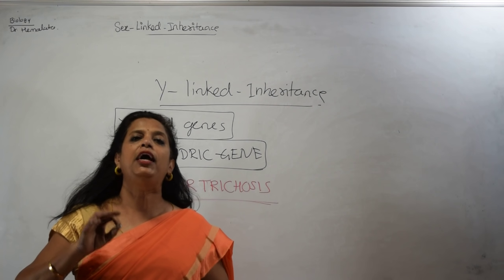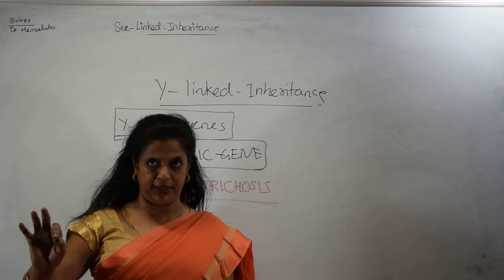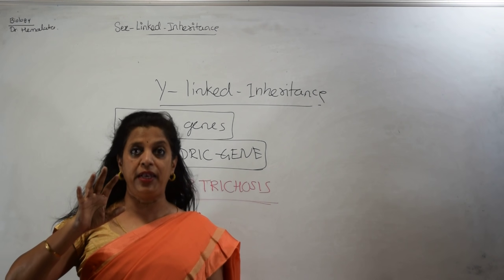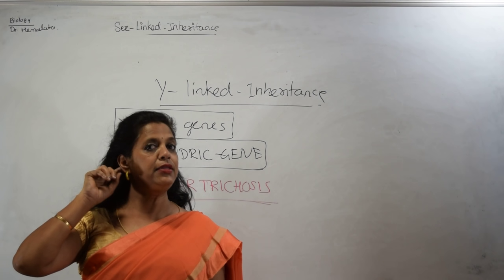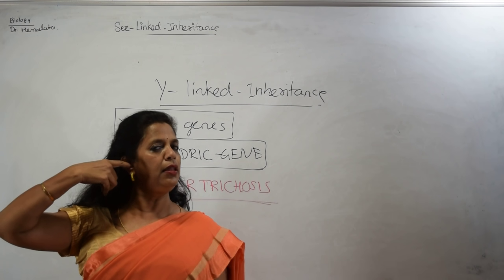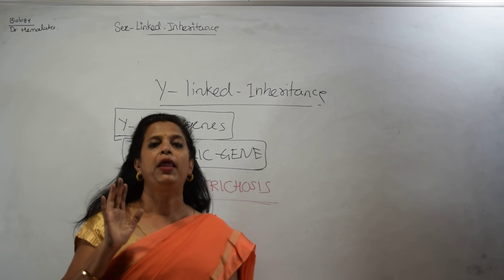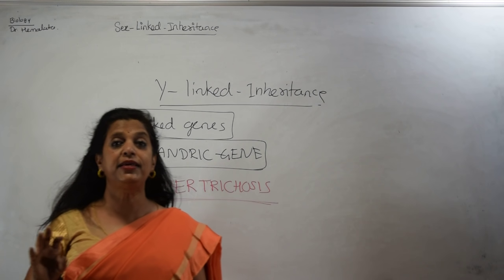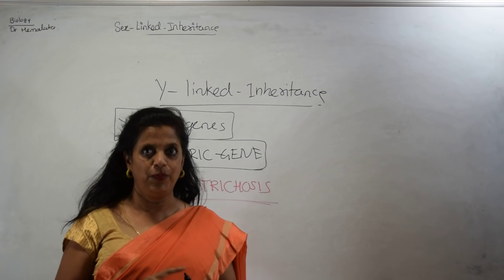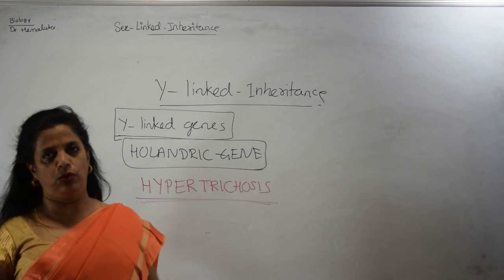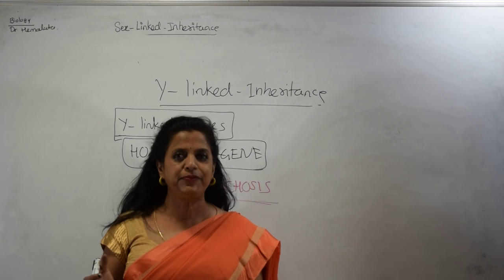It is the type of Y-linked character in which men develop hairs in their external ear pinna. That is called hypertrichosis. It is a character in men, and it is linked with the Y chromosome, I told you. Then how is it inherited?